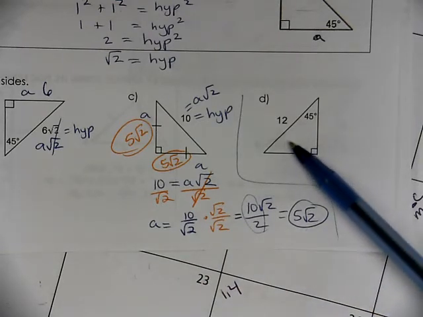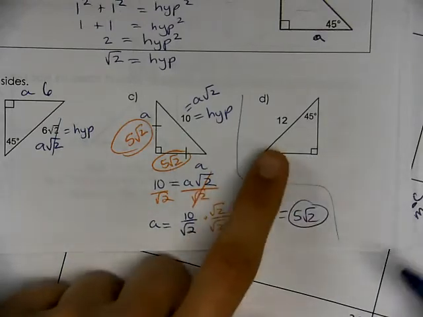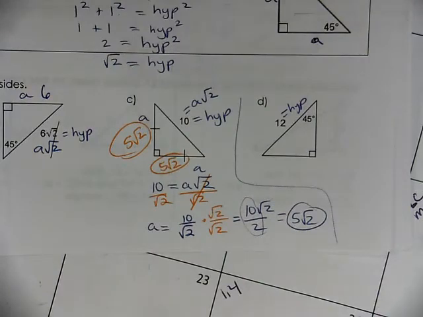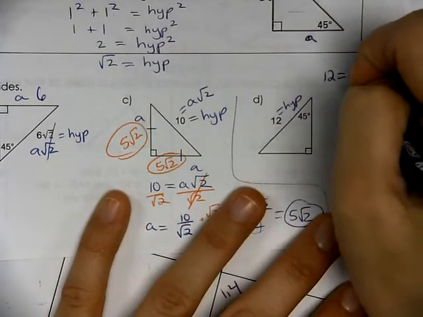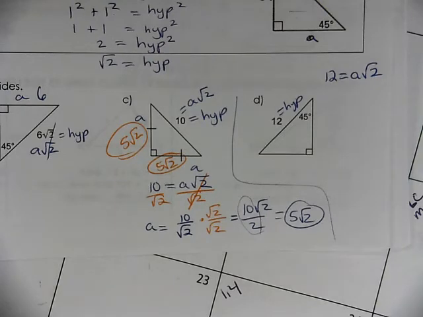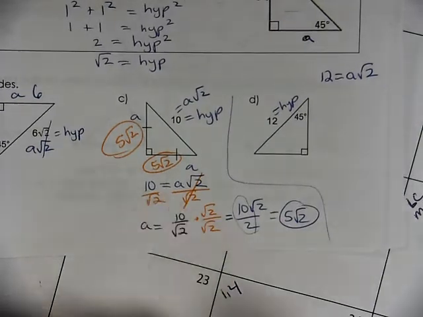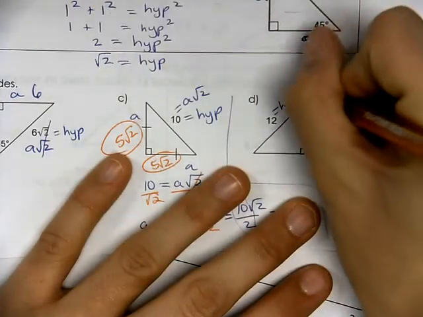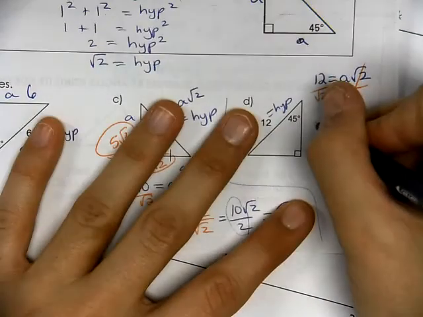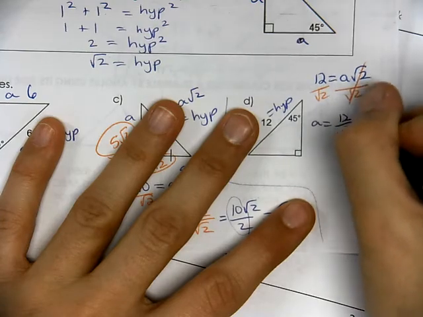So let's try with 12. Okay, 12 is my hypotenuse. So I know 12 has to equal a times the square root of 2. You're solving for a because you're solving for the legs. So what was our next step? Yeah, I divided by root 2. And you'll get a is 12 divided by root 2.